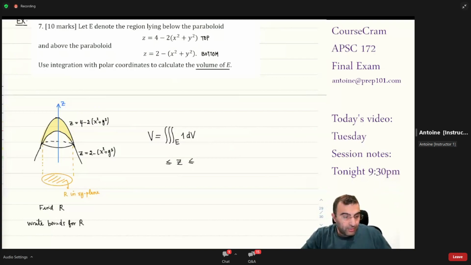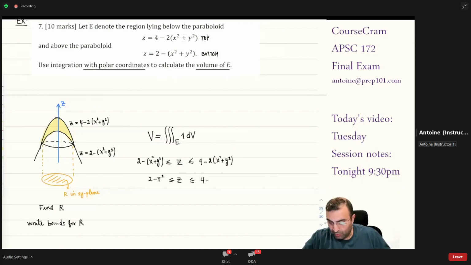So we know what the range for Z is. Z goes from the bottom one, 2 minus x squared plus y squared, to 4 minus 2 times x squared plus y squared. Now, they told us to integrate with polar, so let's just write it right away as 4 minus 2r squared.